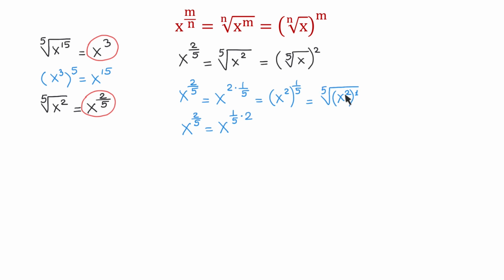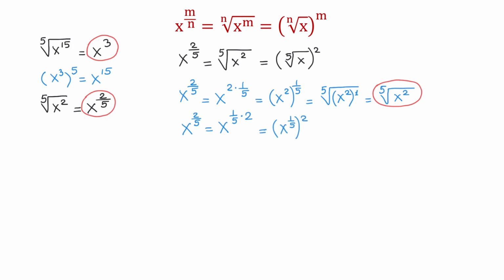Then because 2 times 1 is just 2, we can write this expression as the fifth root of x squared.